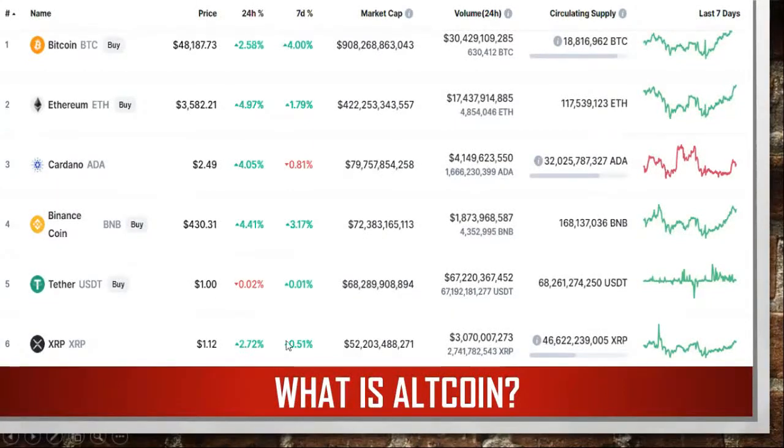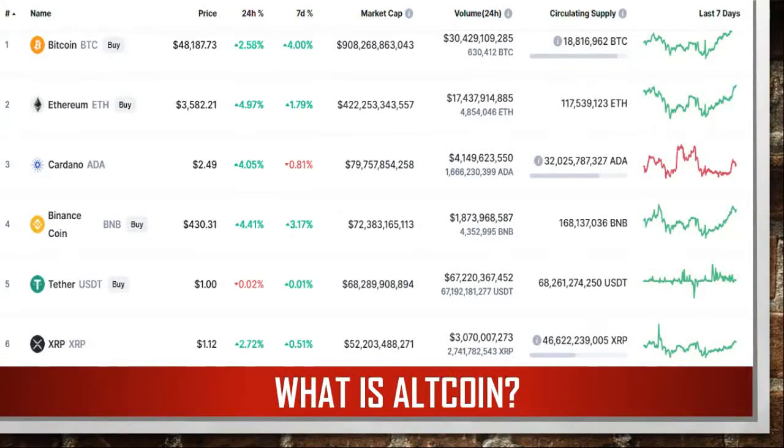As you can see on this page, we're looking at the top 5 alternative coins. At the moment it's Ethereum, Cardano, Binance, Tether, where USDT is a stable coin, and XRP is the 5th largest by trading volume. So basically, yes, it says number 6.